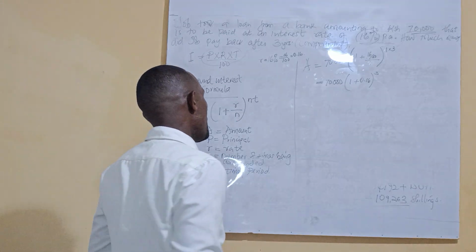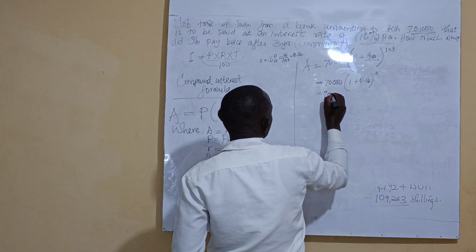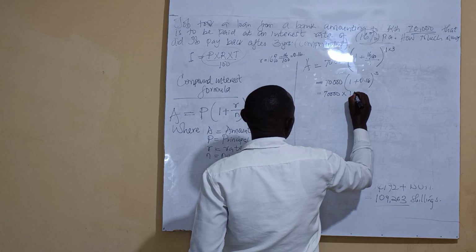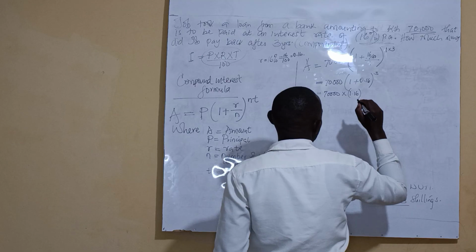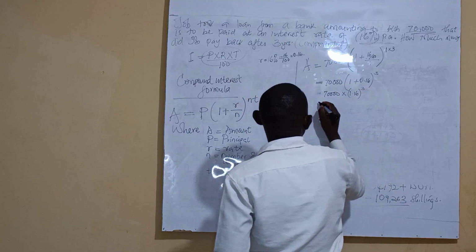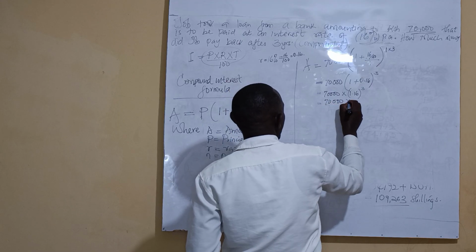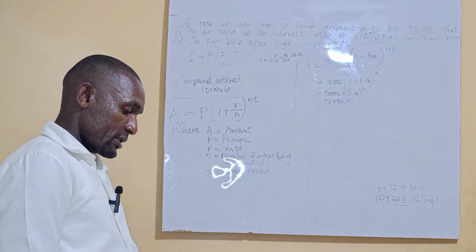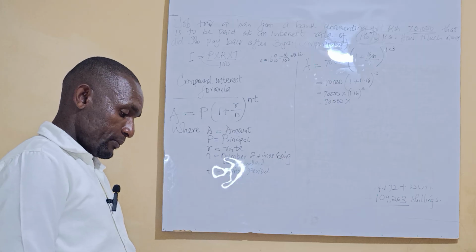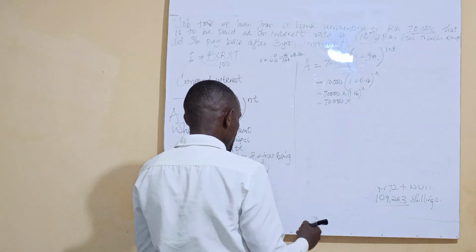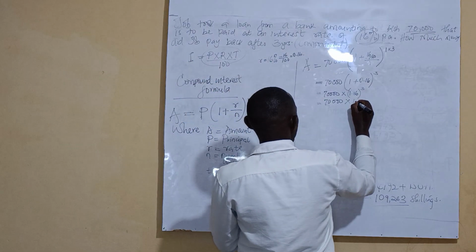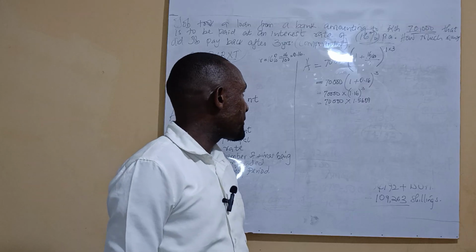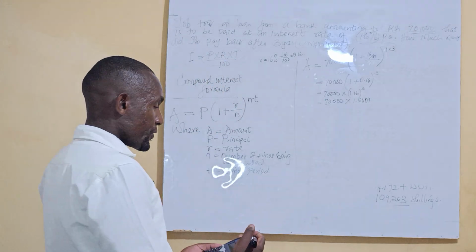Then from there, you can work this one out. It is going to be 70,000 multiplied by 1.16 cubed, because 1 plus 0.16 is 1.16. 1.16 power 3 is giving me 1.5609, rounded off to 4 decimal places.